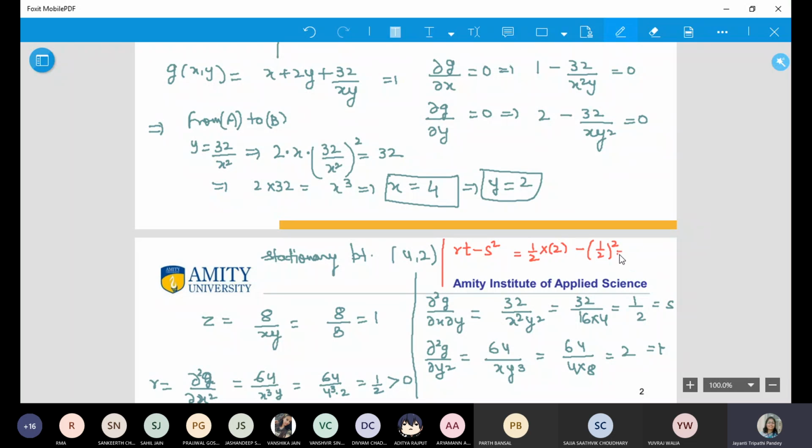So this is 1 minus 1 by 4, that is 3 by 4, which is positive. Right? So now rt minus s square is positive and r is positive. What is it? Condition of minima. So g is minimum. You can write it as this is positive and r is positive. This implies minima.